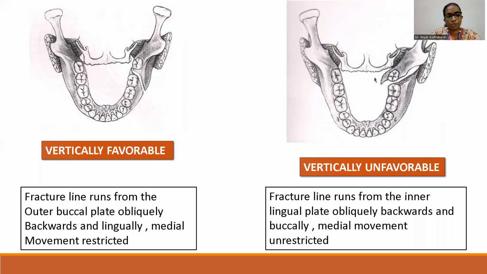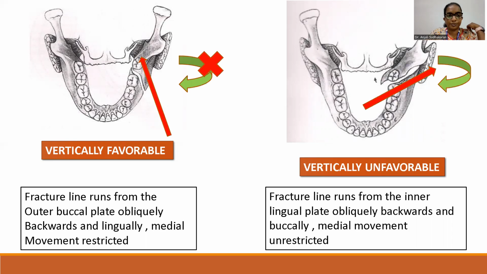The outer cortex fracture is anterior and the lingual fracture is posterior. Now, if the outer cortex is fractured backwards and the lingual plate fracture is anterior, the posterior segment will just rotate medially, and that is a vertically unfavorable fracture.